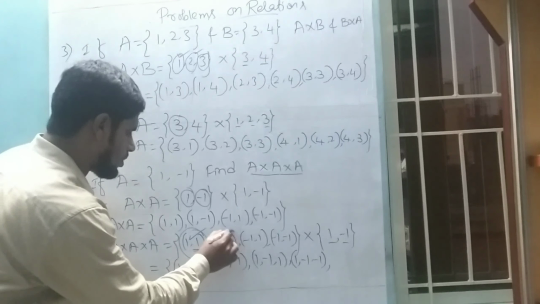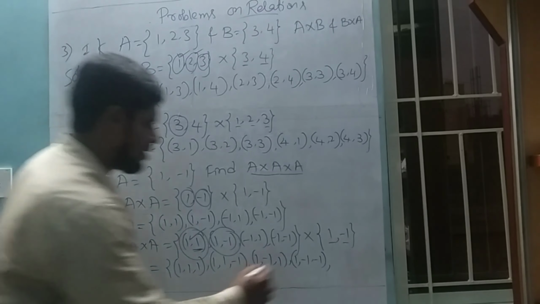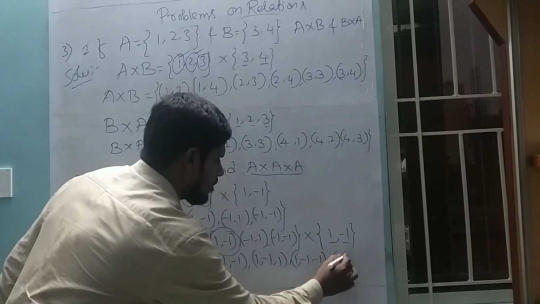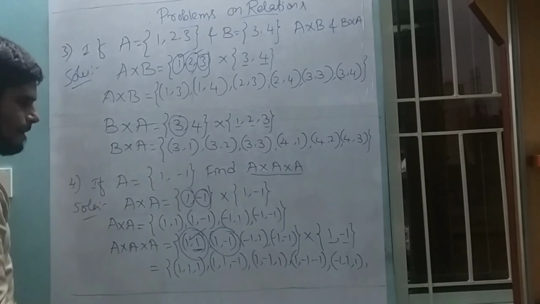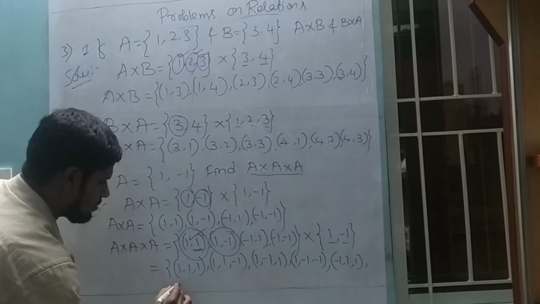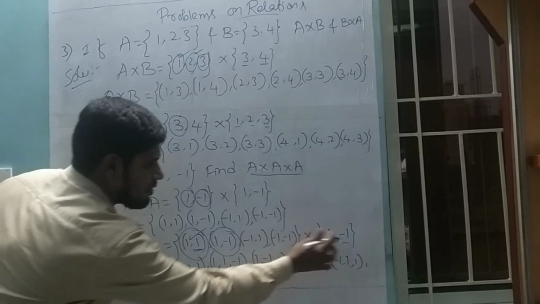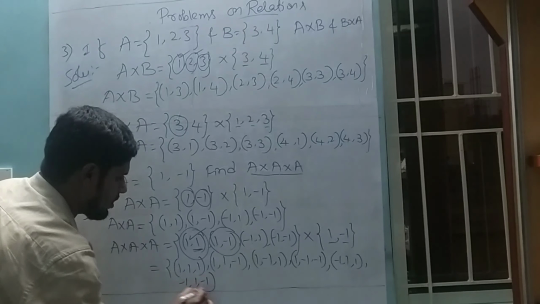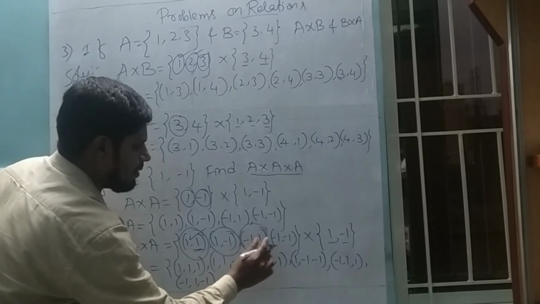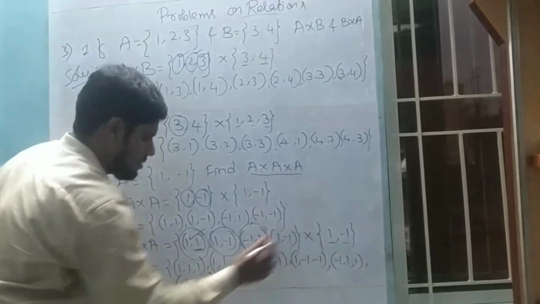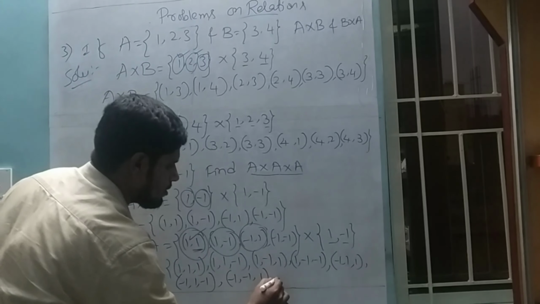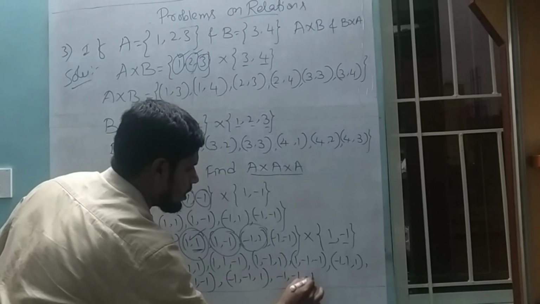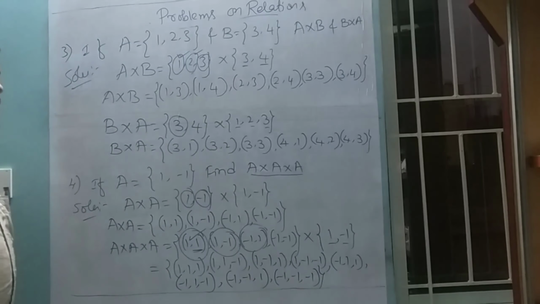This is also over. Now let us come with this. (-1,1,1). Next, (-1,1,-1). Then the last element, (-1,-1) with 1, so (-1,-1,1), and last, (-1,-1,-1). These are the 8 elements in A cross A cross A.